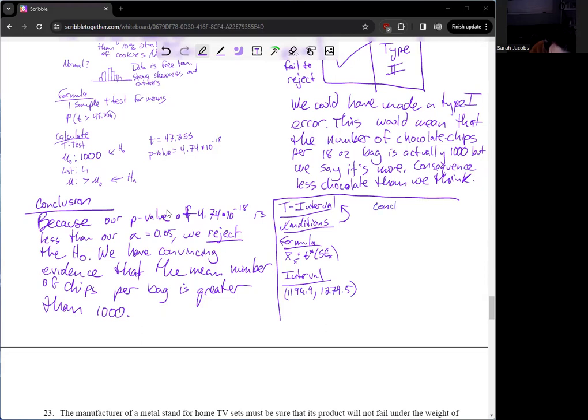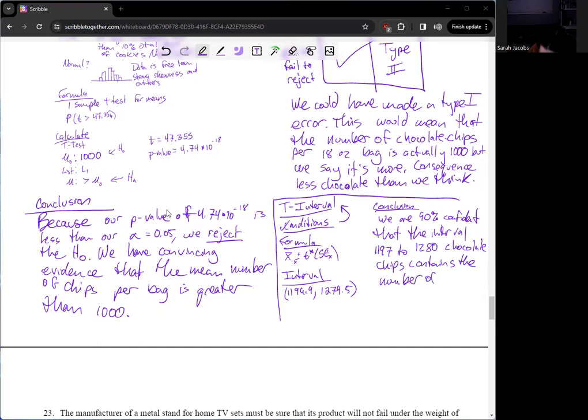So our conclusion is we are 90% confident that the interval 1197 to 1280 chocolate chips contains the number of chocolate chips per 18-ounce bag of Chips Ahoy.